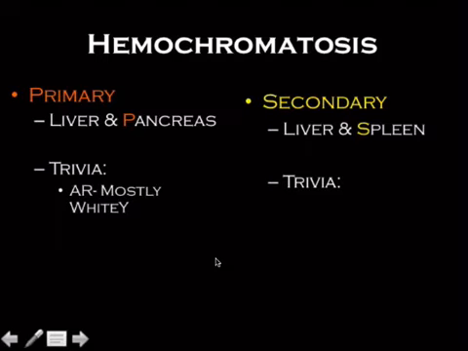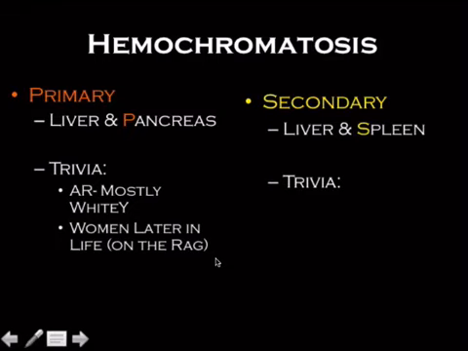Primary hemochromatosis favors Caucasians, and it tends to affect women later in life relative to men, because women menstruate. Therefore, they sort of bleed that iron out. And it can create the Step 1 question, which is bronze diabetes, where you have a change in the skin color, and because your pancreas is damaged, you become diabetic.